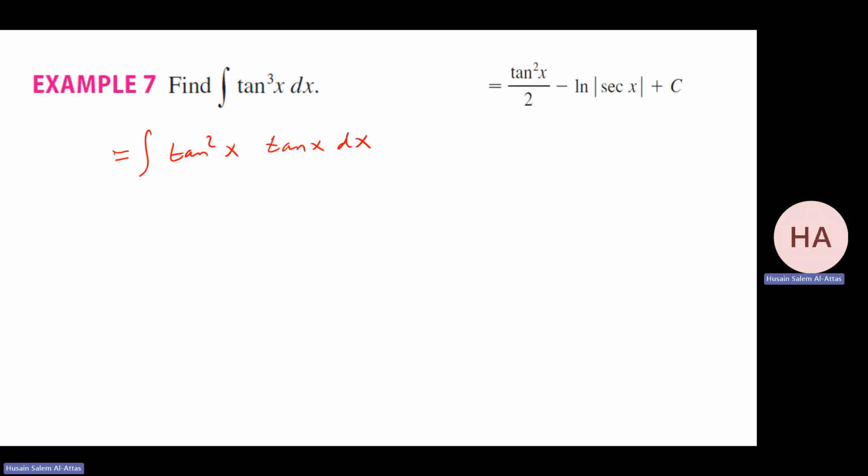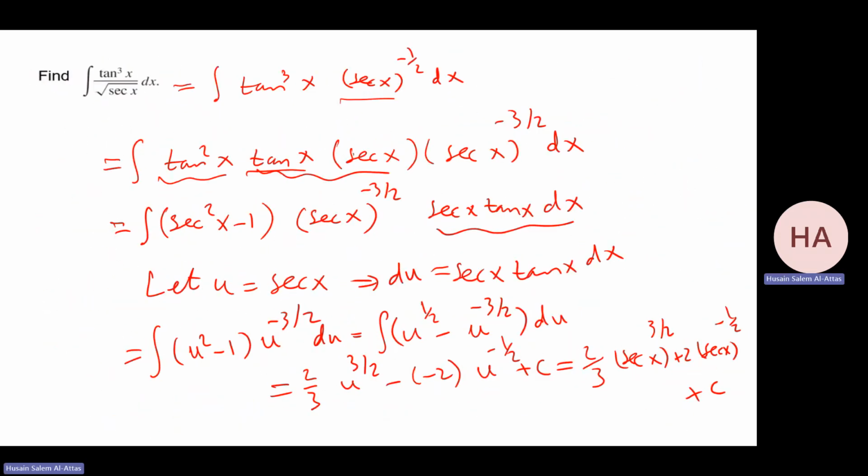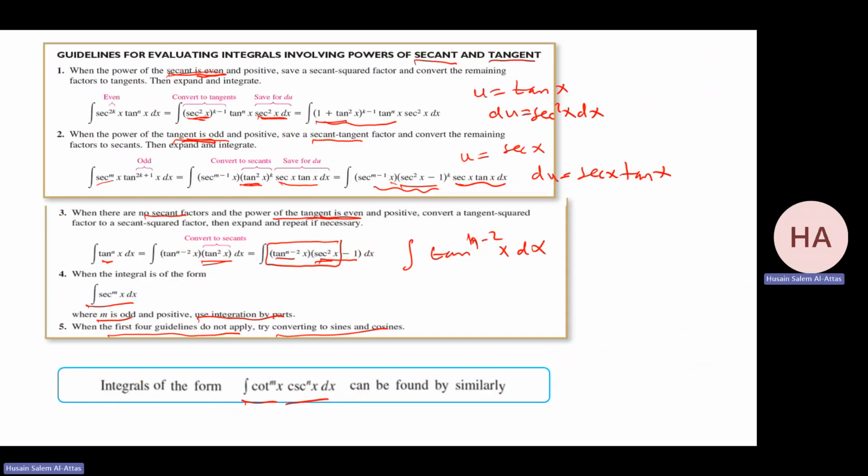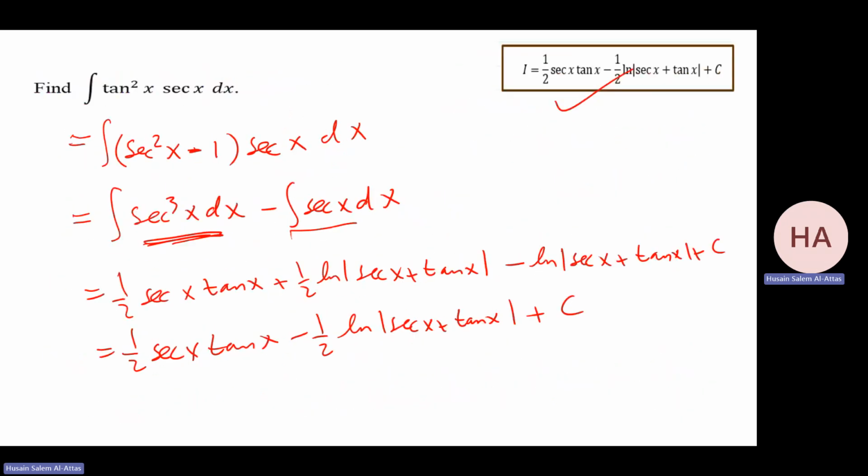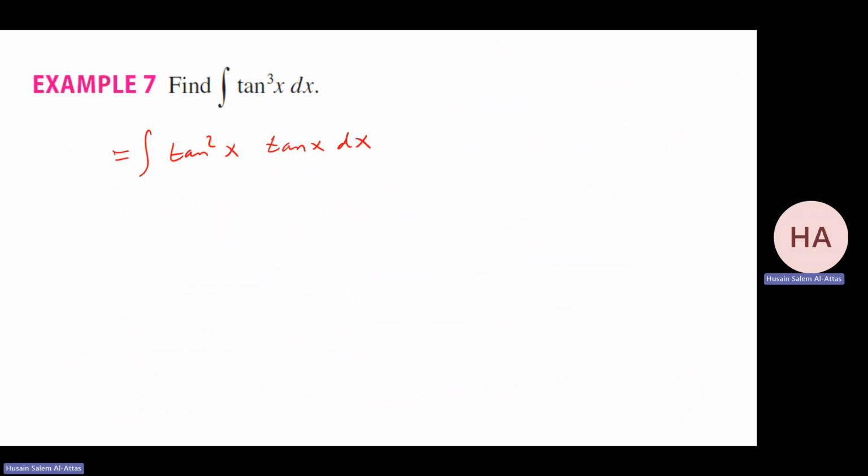No, it says here, let me go back. His guideline: tangent is even, but not tangent is odd. Okay, let me do this. That's the only choice I have. So that gives me secant squared minus 1 times tan x dx.